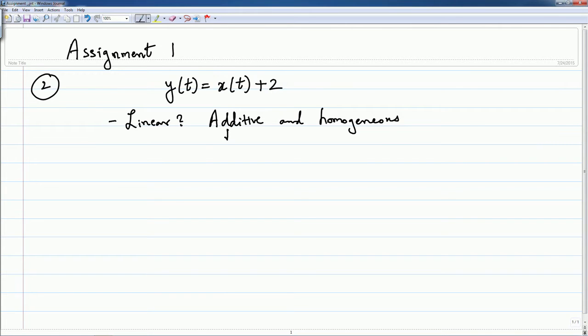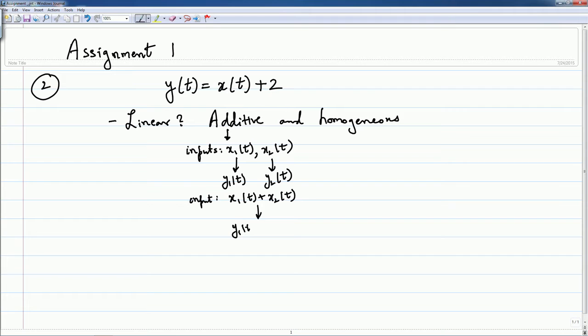What is additivity? Additivity means if you have two inputs, x1(t) and x2(t), and if x1(t) produces an output y1(t) and x2(t) produces an output y2(t), the input x1(t) + x2(t) should produce an output y1(t) + y2(t). This is the definition of the additive property.